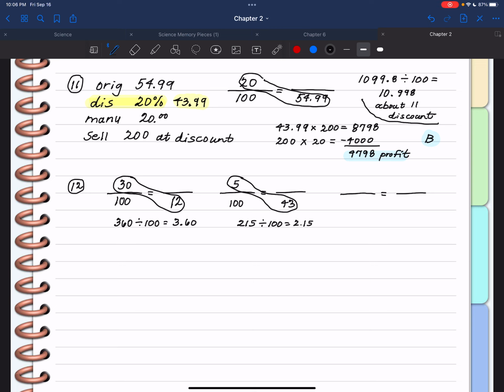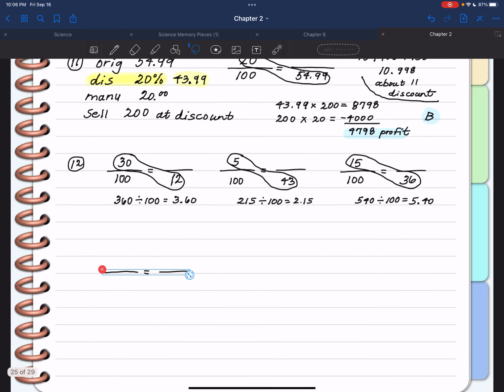The original price is $36, and you save 15%. That's 540 divided by 100. So far, this is the highest one. But we have two more to check.